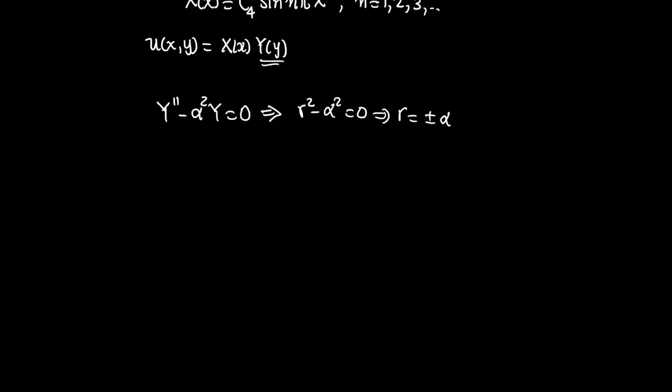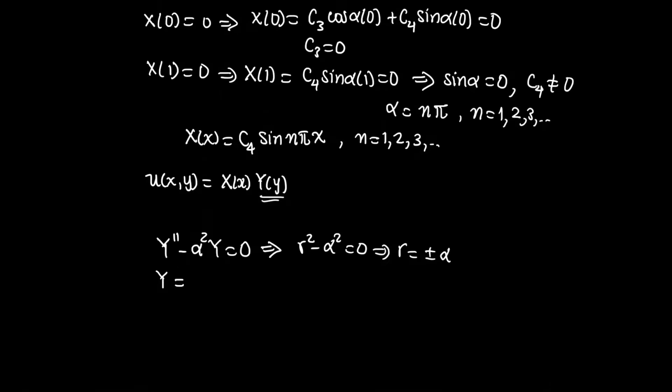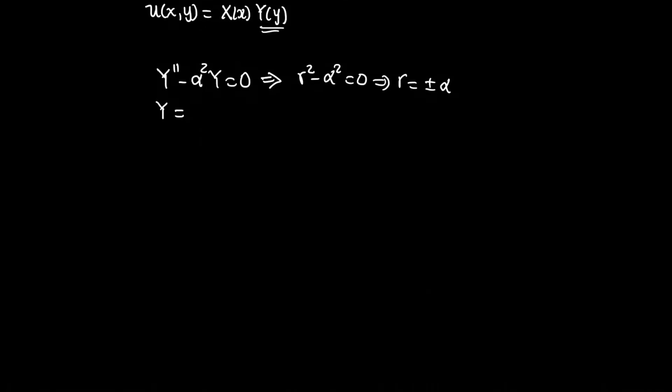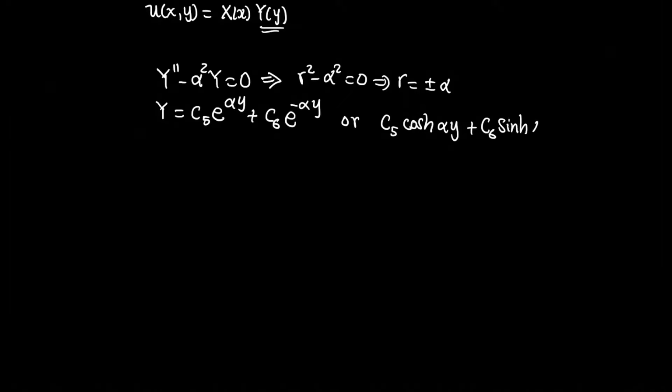Then you write y equals c5 e to the alpha y plus c6 e to the minus alpha y, or c5 hyperbolic cos of alpha y plus c6 hyperbolic sine of alpha y.